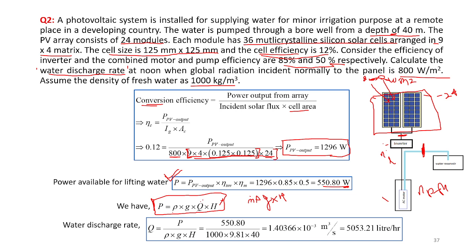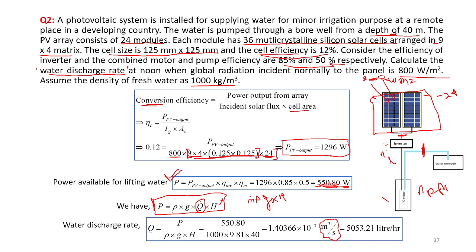So we want to know the discharge rate. We know the rho value, 1000 kg per meter cube. We know g is 9.81. We know the height, 40 meters, and we know the actual power available for lifting the water, 550.80. You can put all these values into the equation and get the value in meter cube per second. The answer has been asked in liters, I think, but it's not mentioned.